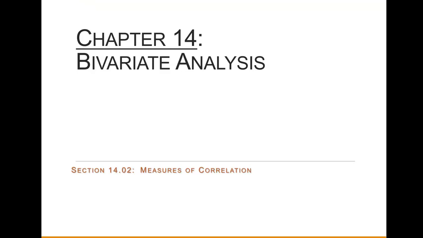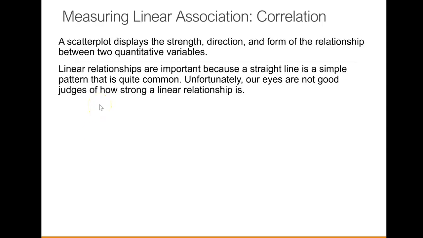So here we're going to be talking about measuring correlation. We talked about what correlation is, and we just used our eyeballs to vaguely describe correlation as strong or weak or moderately strong or whatever. So here we're going to look at this mathematically.